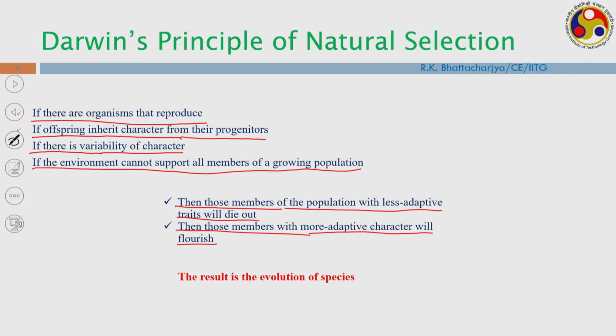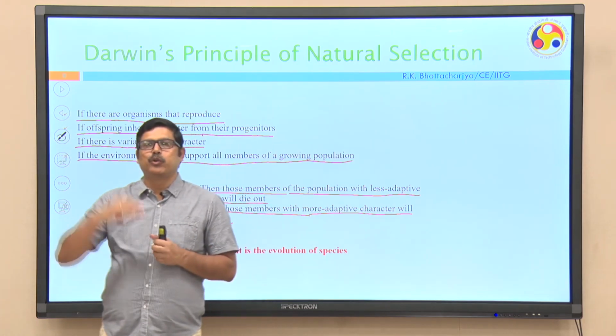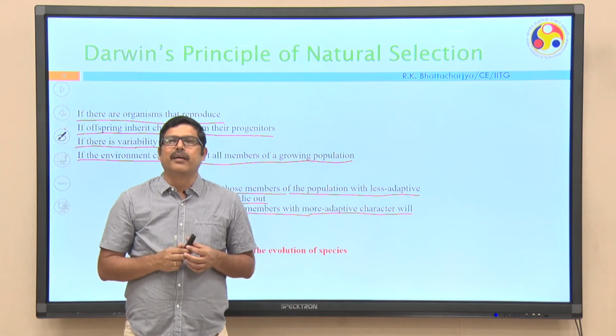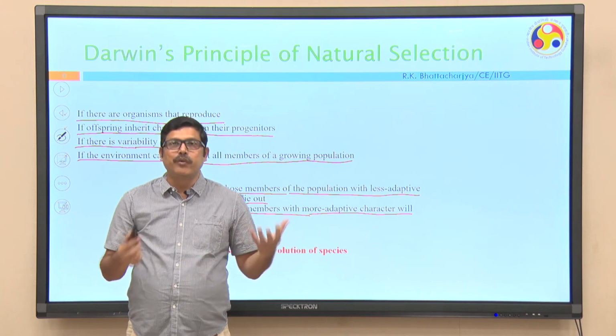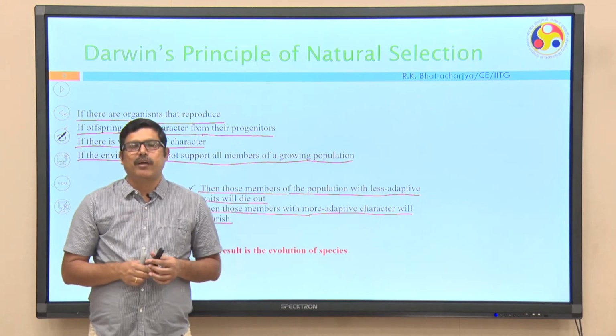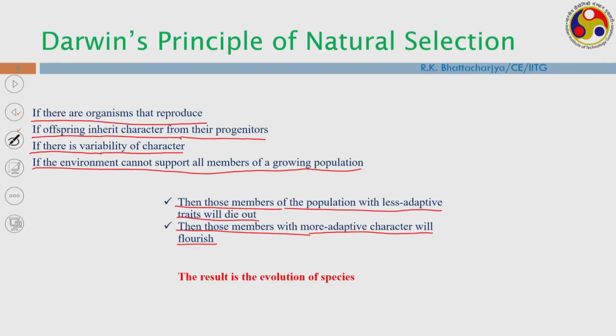As I said, once we shift some people to a higher altitude, those who are able to adapt to the new environment will survive and others will be eliminated from the process. Those members of the population with less adaptive traits will die out, and those with more adaptive characters will flourish, and this results in the evolution of species.